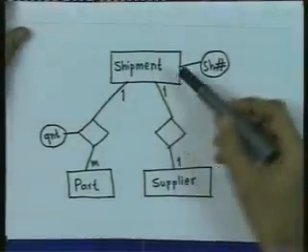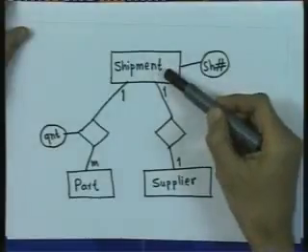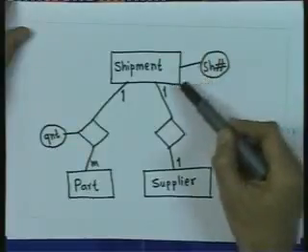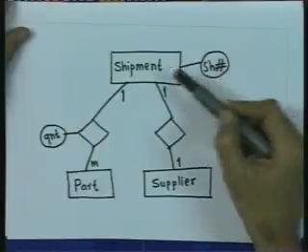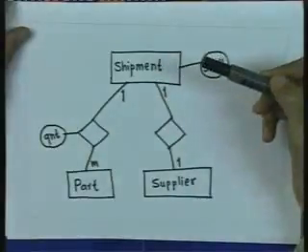As you see here, we have created an entity called shipment, and this entity shipment has its own key called shipment number. Now with this key we can distinguish instances of shipment from each other.